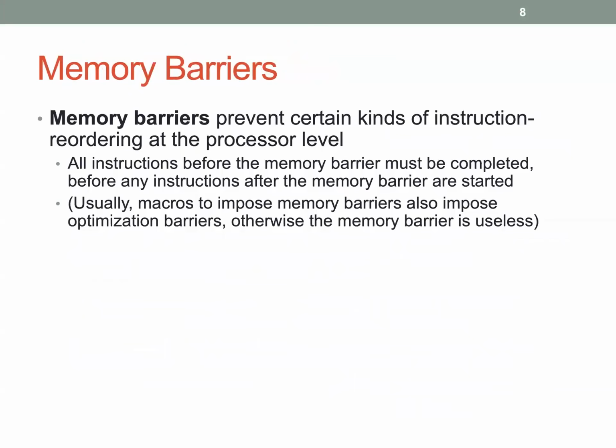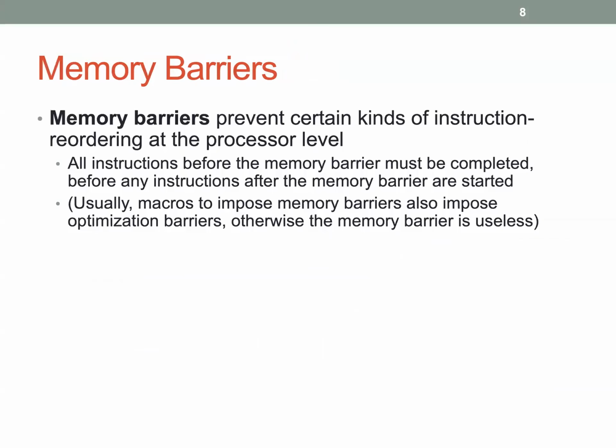And so the other kind of barrier is called a memory barrier, where we basically prevent the processor from reordering instructions in certain contexts. As it says on the slide, all the instructions before the memory barrier are completed and resolved before any instructions after the barrier begin to execute.